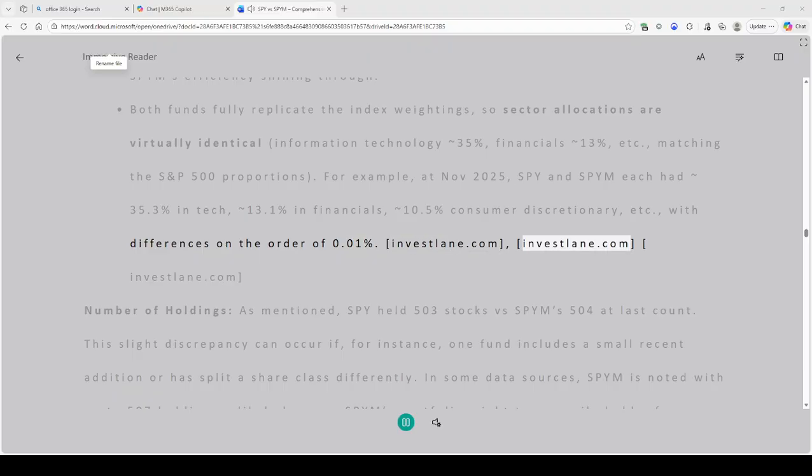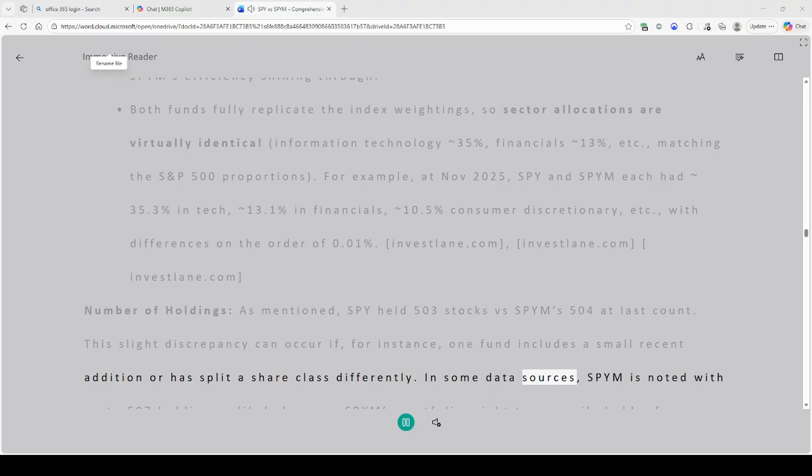Number of holdings. As mentioned, SPY held 503 stocks versus SPYM's 504 at last count. This slight discrepancy can occur if, for instance, one fund includes a small recent addition or has split a share class differently.